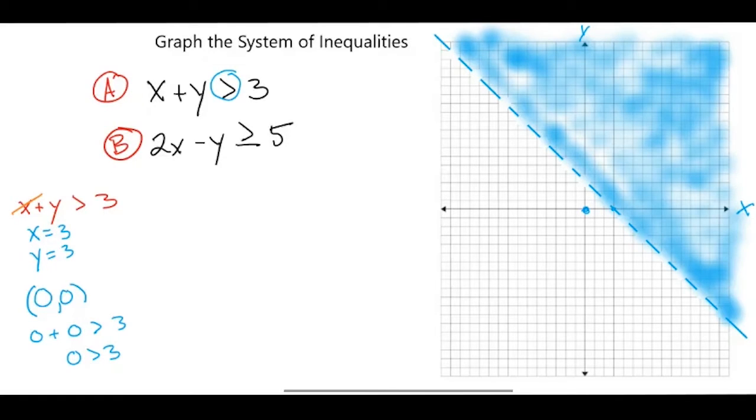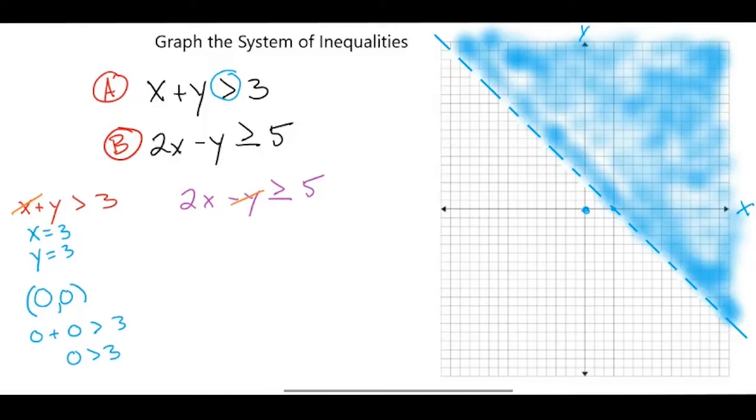Next, I'm going to graph inequality B. All right, so I want to find my x-intercept and my y-intercept. So I have 2x minus y is greater than or equal to 5. So to find the x-intercept, that's where y is going to be 0.